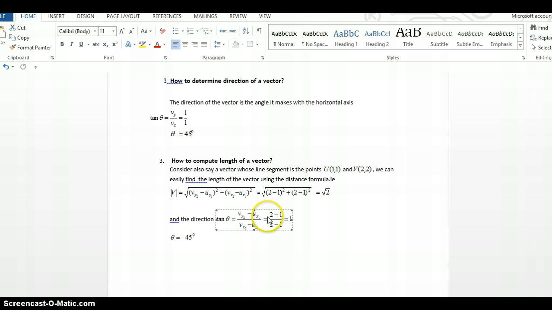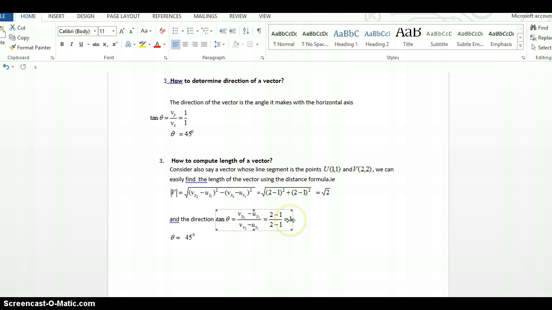So in computing the direction of the vector, tan theta is (vy2 minus uy1) divided by (vx2 minus ux1). So we subtract 1 from 2 and 1 from 2.